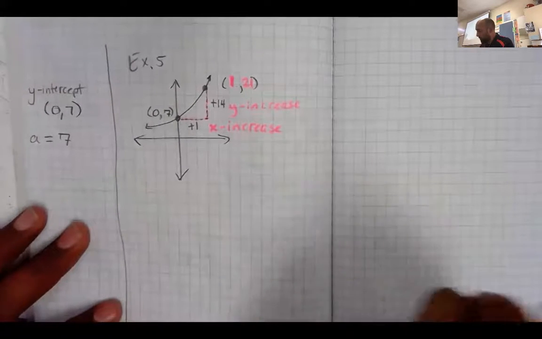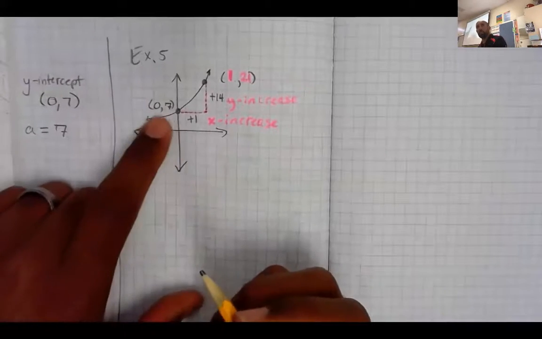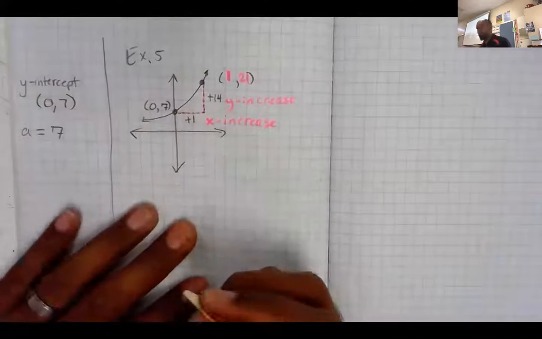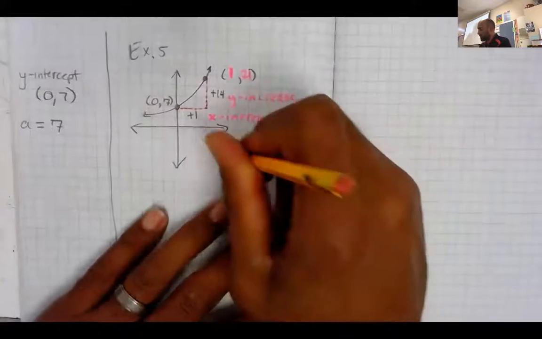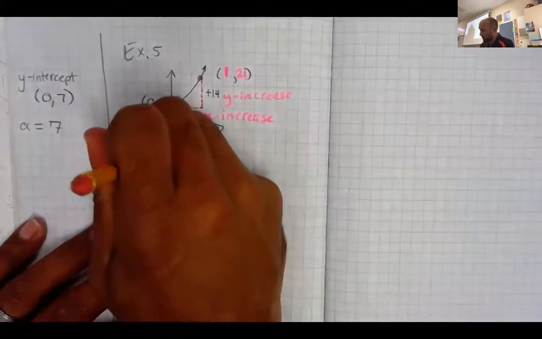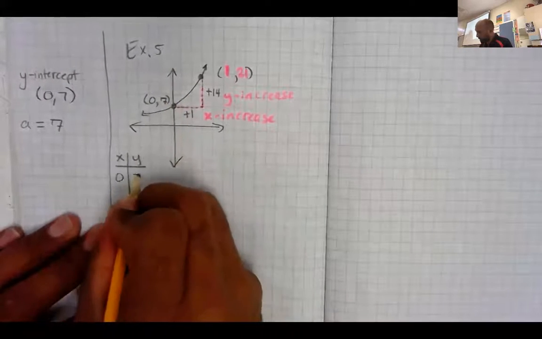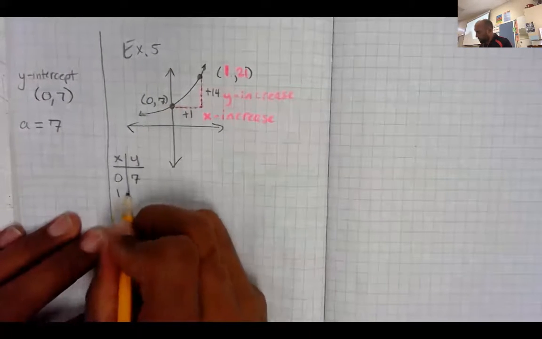Then it'll ask you for the b value, which you're going to have to do a little bit more work to find. So what I'm going to do is take these 2 points and throw them into a table just so that it's a little easier to visualize. I'm going to take that 0, 7, plug it in right here, and then 1, 21.